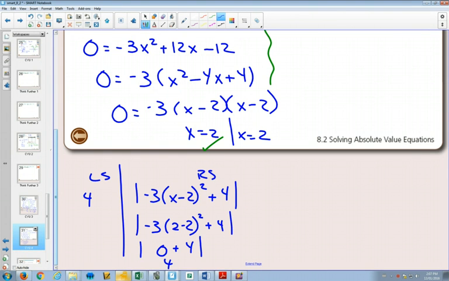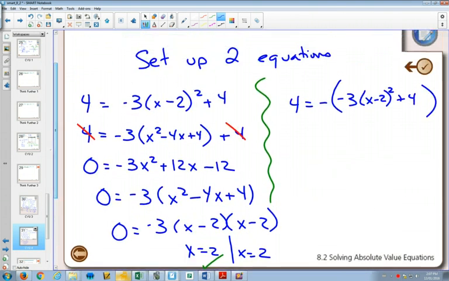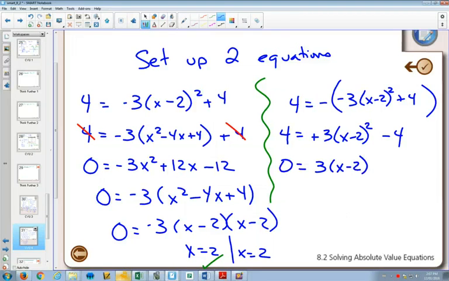If we look at our second equation, distribute that negative, I'm going to get plus 3. Make one side equal to 0. Now, this is going to be an x squared equation.